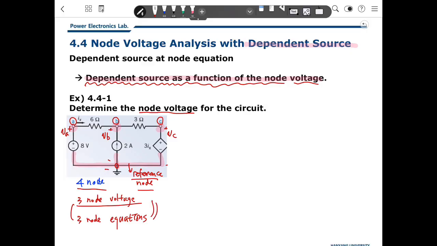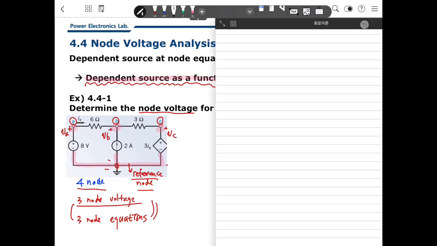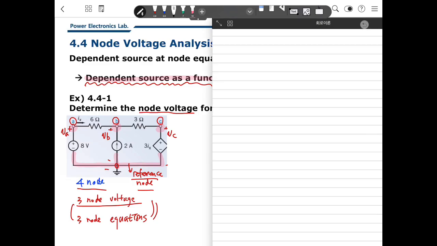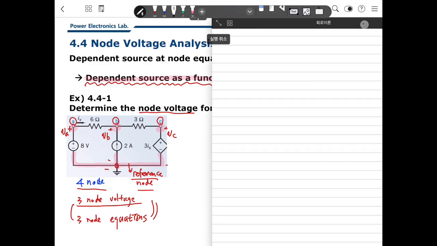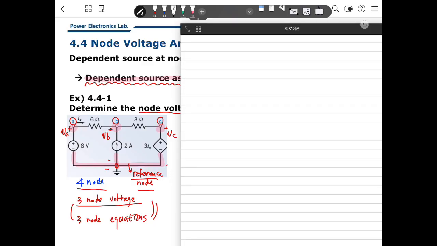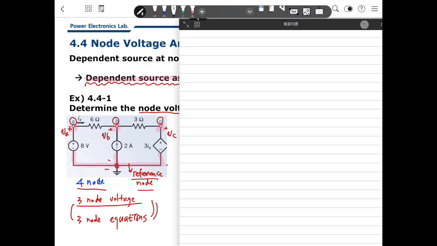At first, we should define the element currents. Then we check what kind of currents we should define here.